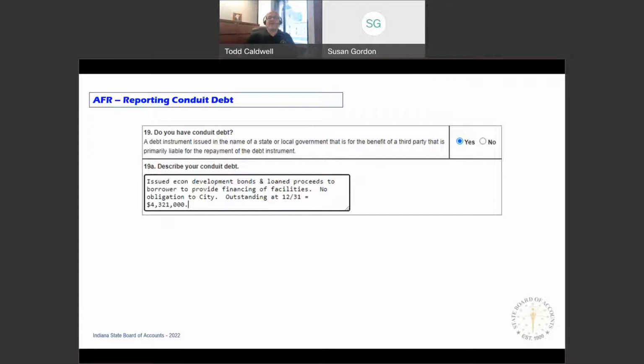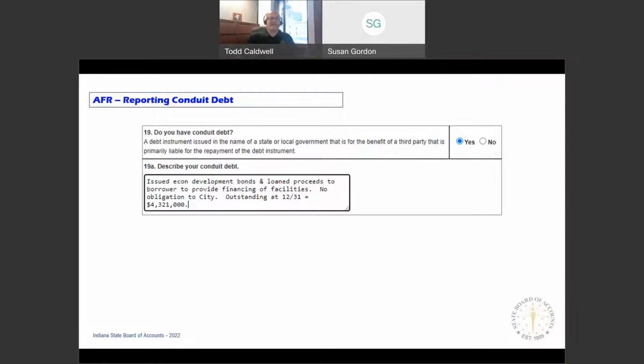But when you get in your annual report and you're answering the unit questions, and you get down to number 19, that's the one that covers conduit debt. And it simply asks, do you have conduit debt? It explains it a little bit. If you click yes, you'll put some narrative in the comment box. So question 19A there is describe your conduit debt.